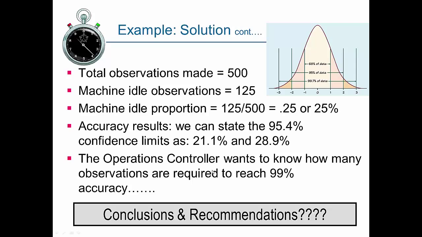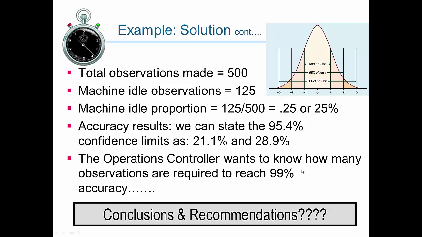Also, maybe we think this confidence interval is too wide, 21 to 29, so 7 percentage points, and the operations controller, or the VP of operations, wants to know how many more observations are required to reach 99% accuracy. So number 1, we need to figure out the accuracy of the study. And number 2, if it's not at 99%, how many more observations, more than 500, do we need to take to reach that level of accuracy?